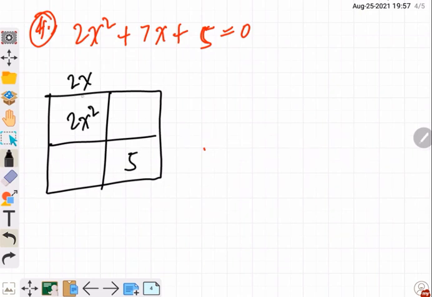This is 2x and this is x. We try 1 and 5 here.